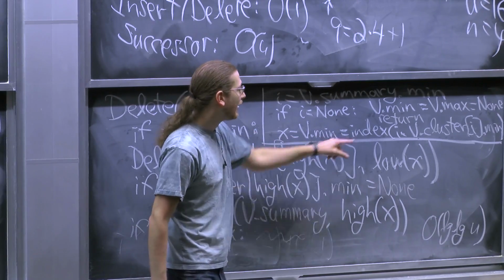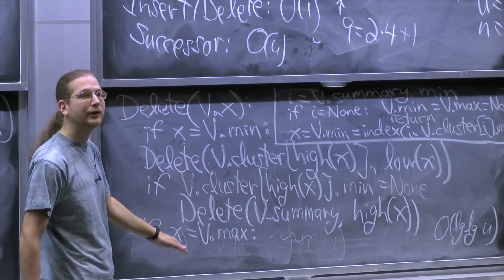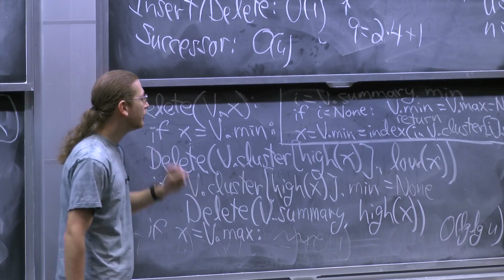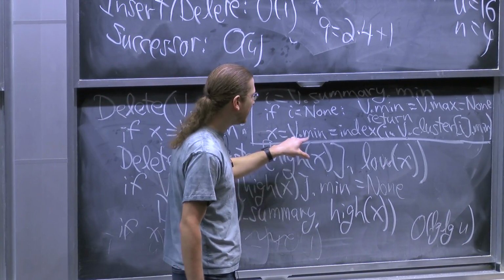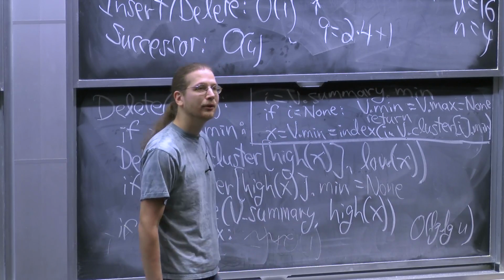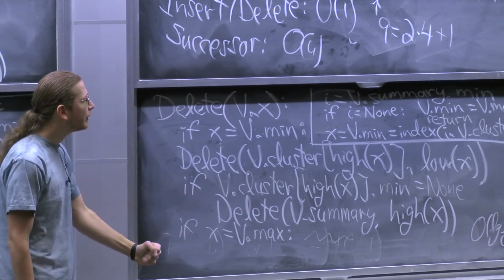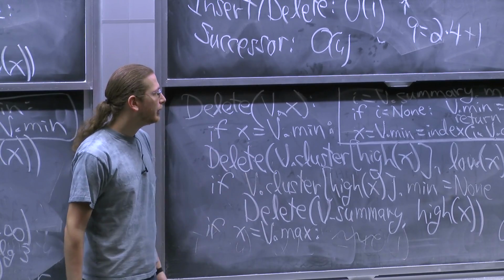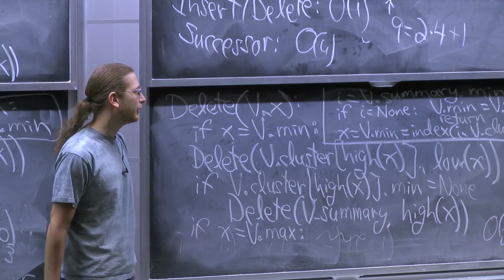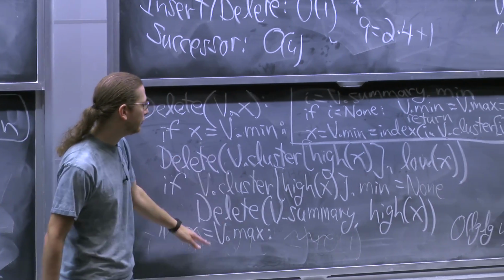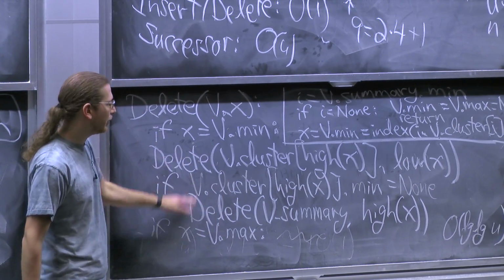So I'm setting x to that thing, and then I'm going to do all this code, which will delete x from that structure. And then I'm going to set v.min to be that value. So then v.min has a new value, because I deleted the old one, and it's no longer recursively stored. I don't want two copies of x floating around. So that's why, even in this if case, I do all these steps.